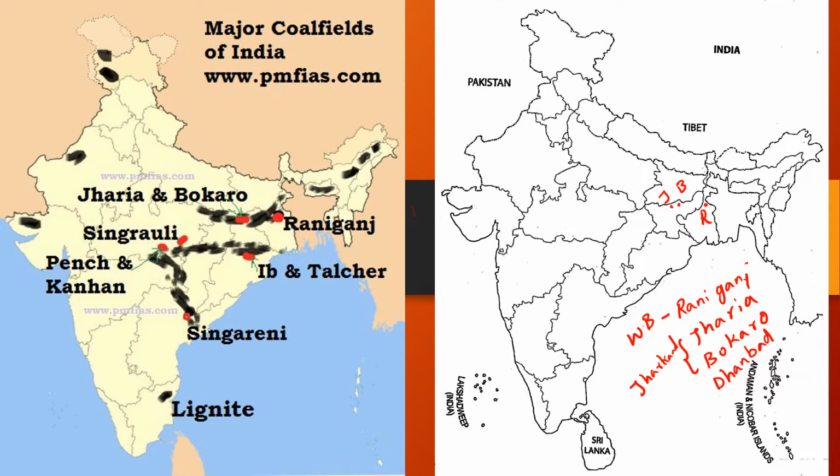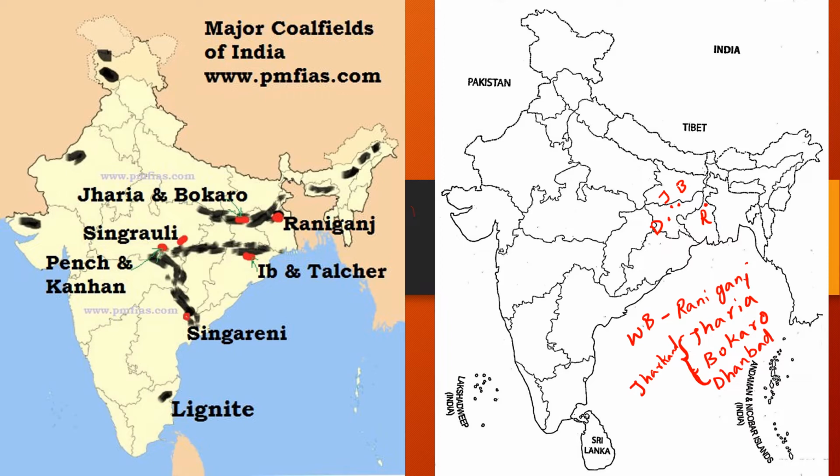And the third, Dhanbad, is also located in the Jharkhand region. You can write here Dhanbad. So all these three, Jharia, Bokaro, and Dhanbad, are present in the Jharkhand region.